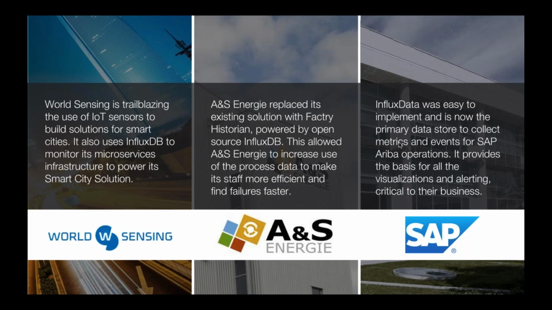They started out as a hardware company building sensors that they would place into cities so that cities could respond to emergencies a lot quicker. They have sensors in traffic lights, in parking lots, throughout the city, so that first responders can know where some of the jams are so they can avoid them.